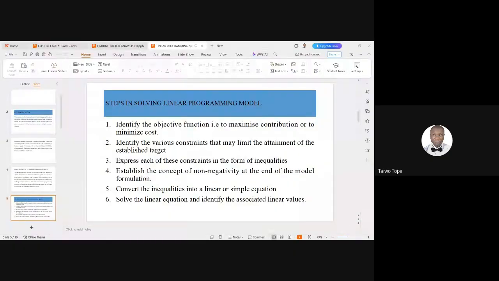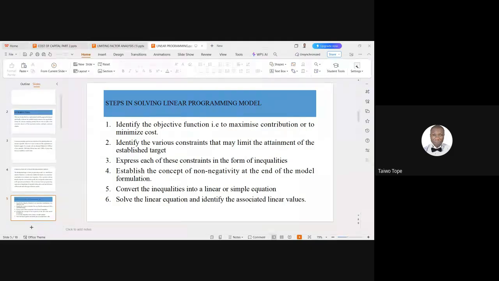And when they use such words, you actually know that these are the limiting factor. For example, they will tell you the maximum material available, that the material available is limited to, that the quantity of skilled labor available is 25,000 hours. All these words can be used to show that these are the limiting or the limited resources.